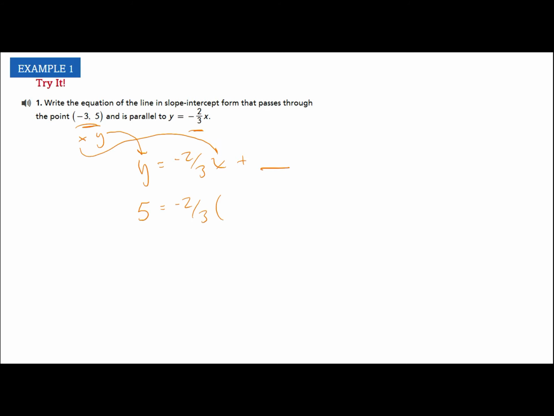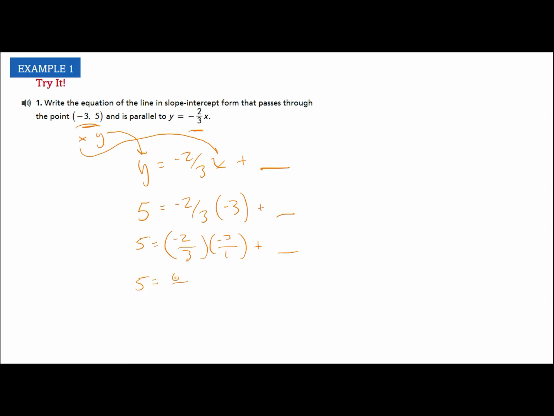5 goes in for y. Negative 3 goes in for x. And then again, it's plus something. This is 5 equals negative 2/3 times negative 3/1 plus something.